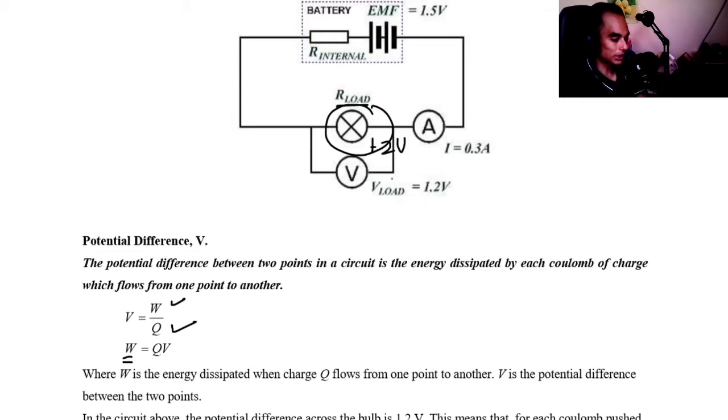It means that for each coulomb pushed through it, 1.2 joule of electrical energy is changed into another form.